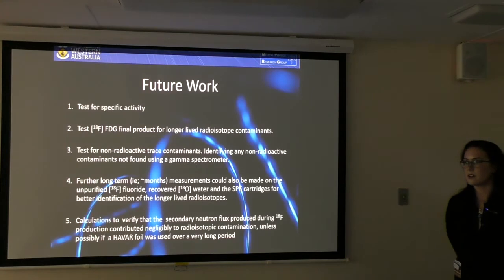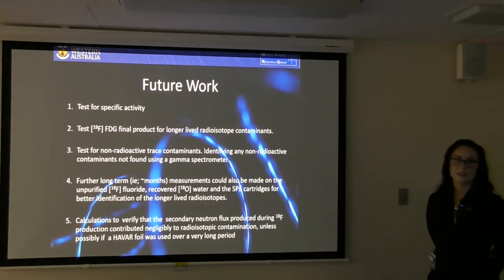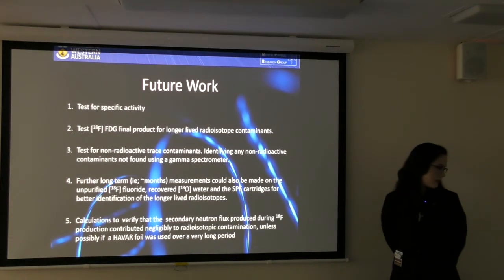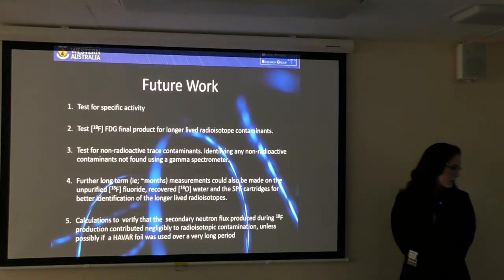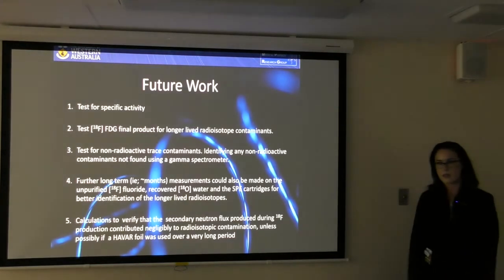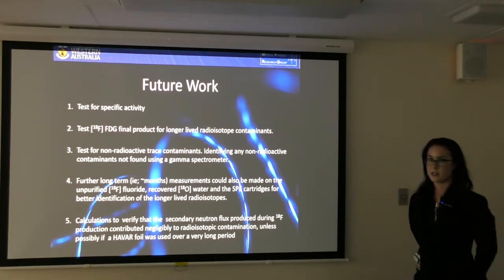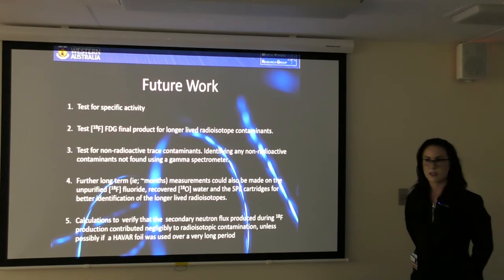So for future work, I would suggest testing for specific activity. This is F19. So during the filtration of the F18 FDG, F19 is very chemically similar, so it's actually not removed during any of these stages.